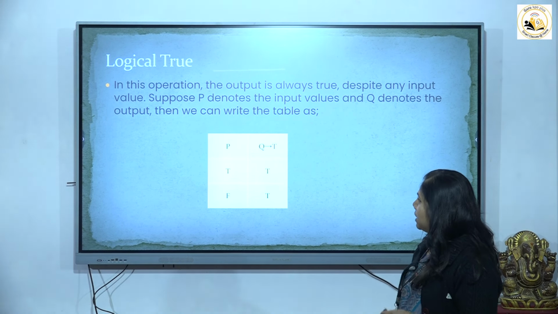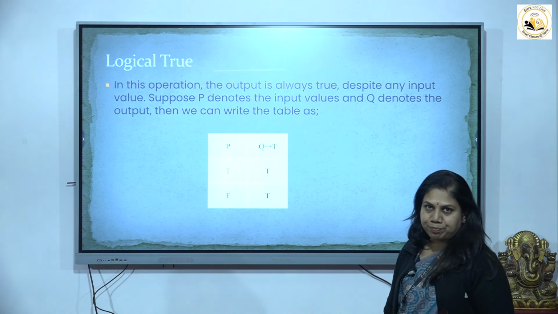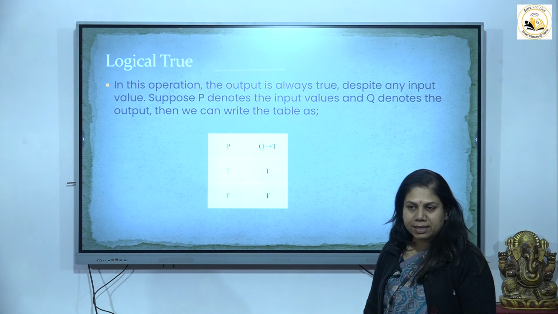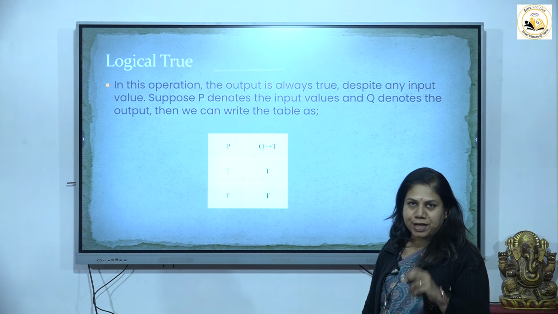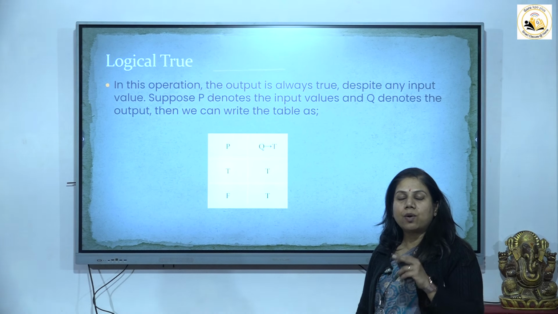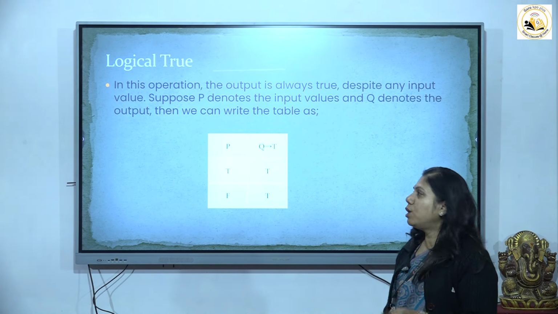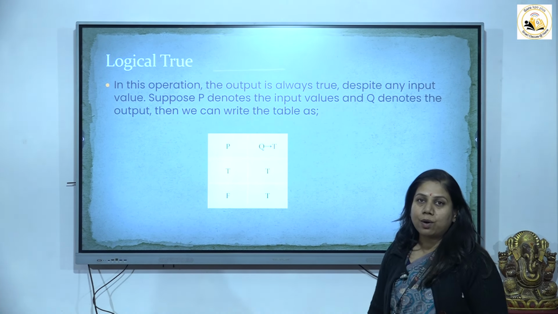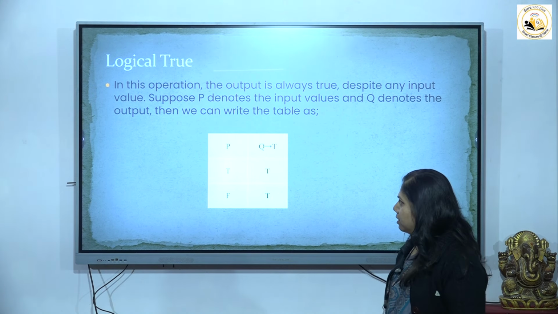In this operation the output is always true, means if we take a sentence or a statement whose result is always true, then it is called logically true statement or logically true proposition, right.